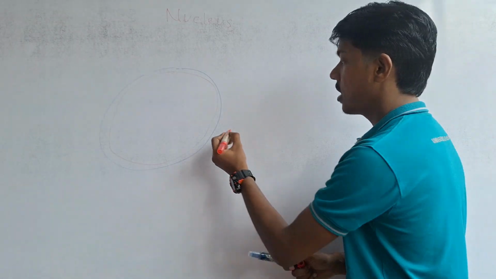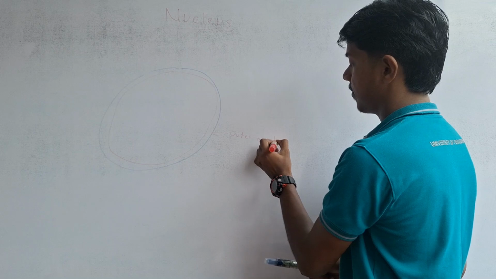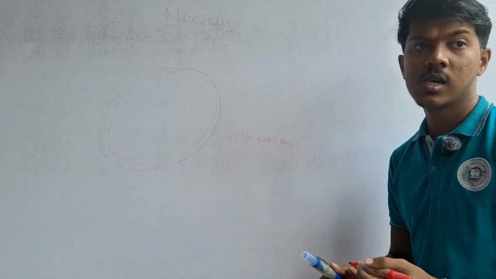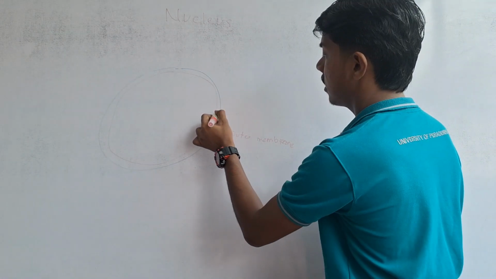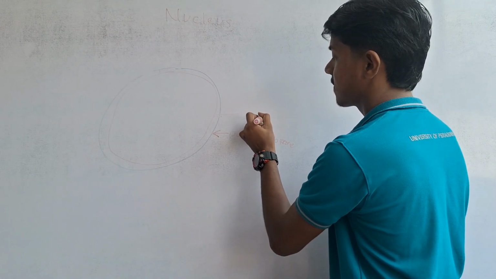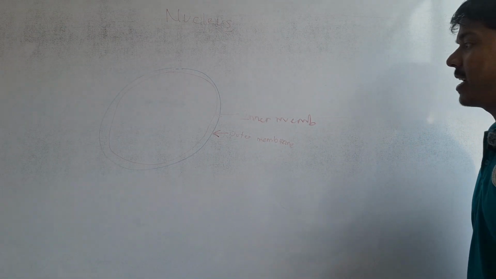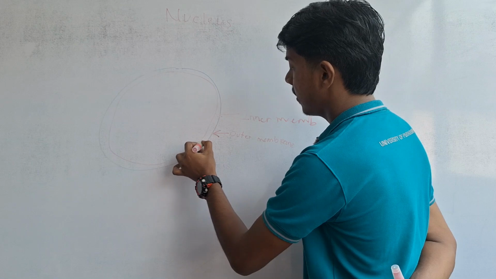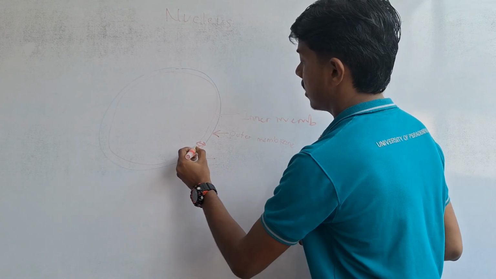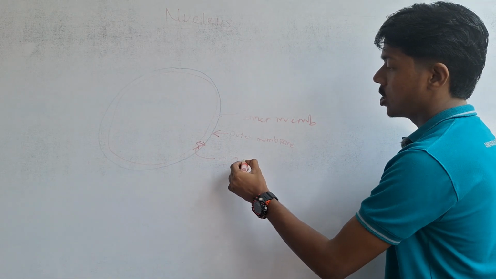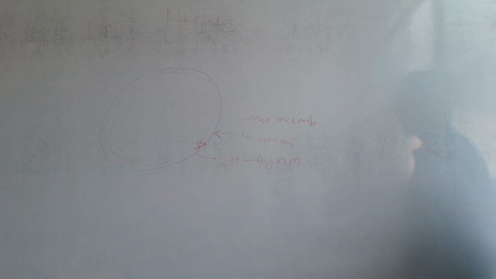The outer one is the outer membrane and the inner one is the inner membrane. Between these two membranes, there is a small gap. The value of that gap is 20 to 40 nanometers.